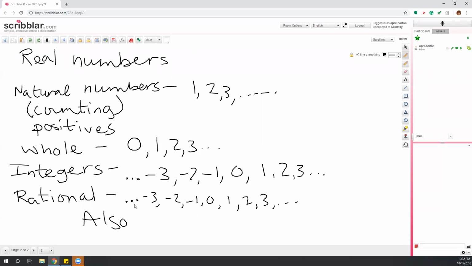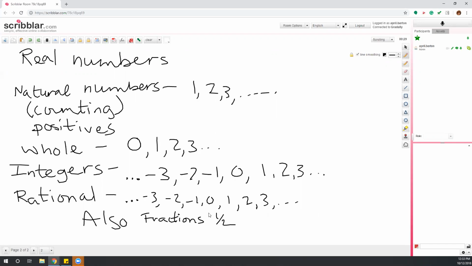Numbers that are actually written as fractions are easy to identify. 1/2 is a fraction. It's considered rational, but it doesn't fit into any of the other categories. It's not natural, not whole, not integers, only rational.